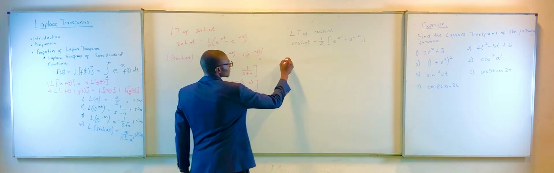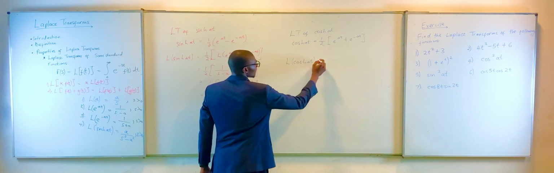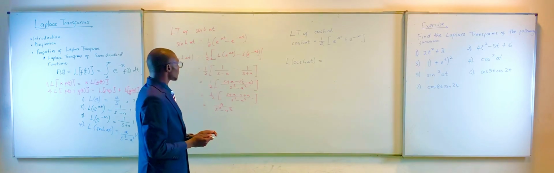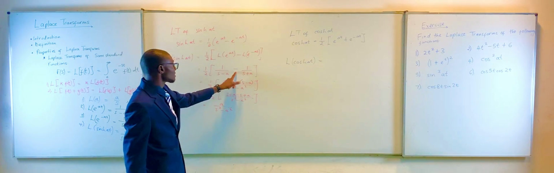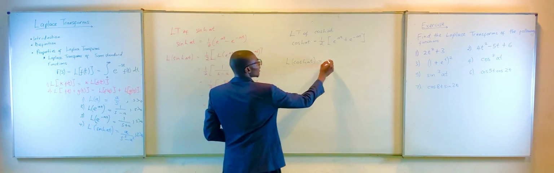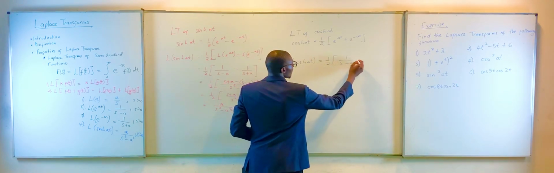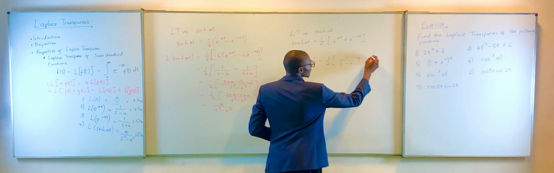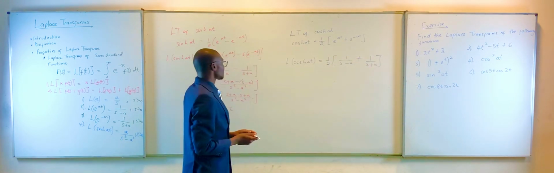So let's start off from here. Let's say the Laplace of cosh at is equal to, so everything else is the same, but what's changing is simply the sign. The sign is changing to plus. So we're saying half of 1 over s minus a plus 1 over s plus a, like that.